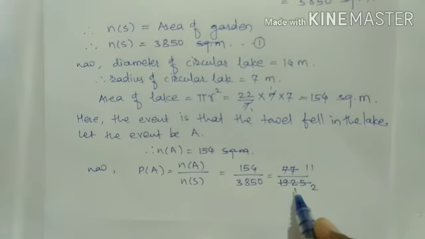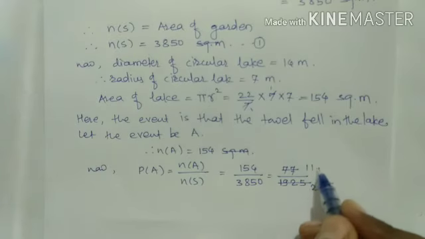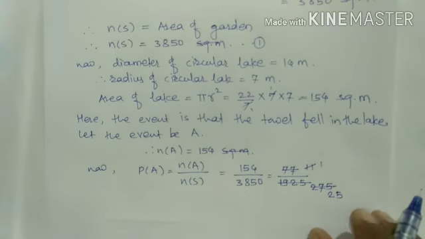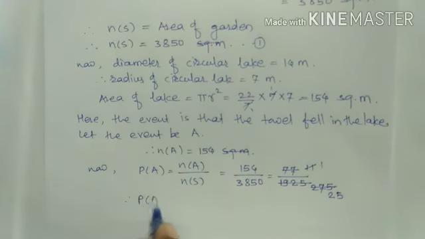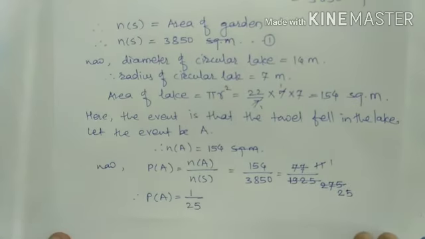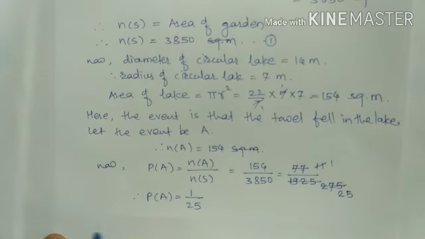Then 7 sevens are 49, it remains 3, and 7 fives are 35. Here 11 ones are 11, 11 twos are 22, 11 fives are 55. Therefore the probability of event A equals 1 upon 25, and this is the probability of the given event that the towel fell into the lake.